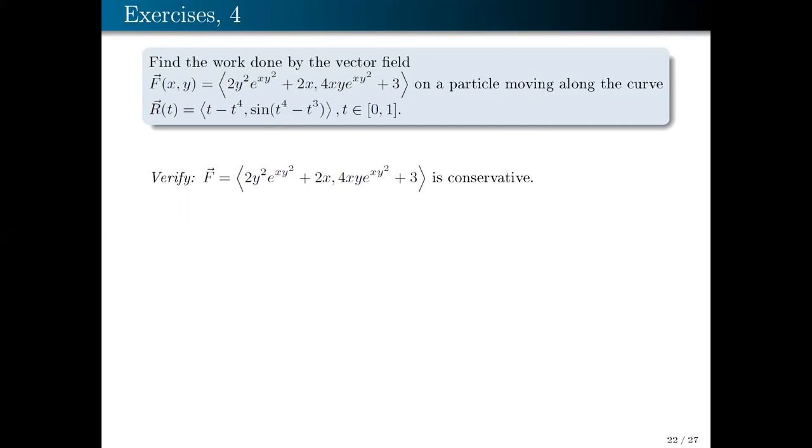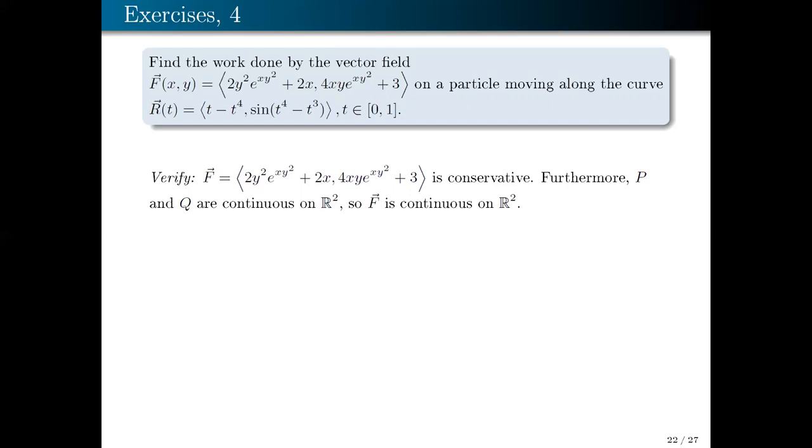Instead, we will be focusing on a different property of F, okay? Namely, that the components P and Q are continuous on R squared, right? It's a combination of polynomials and exponentials. So the vector field itself is continuous on R squared. Okay.